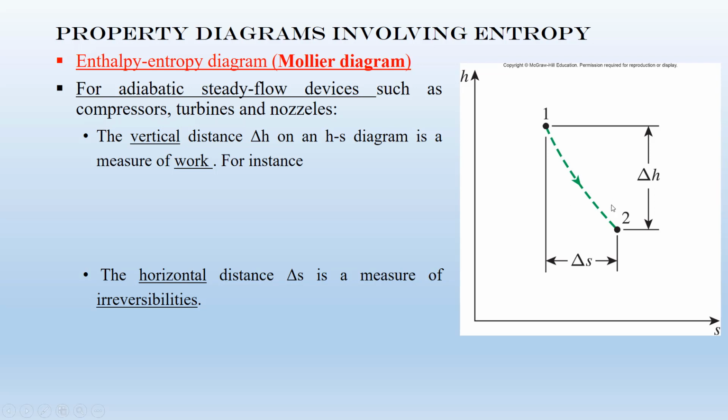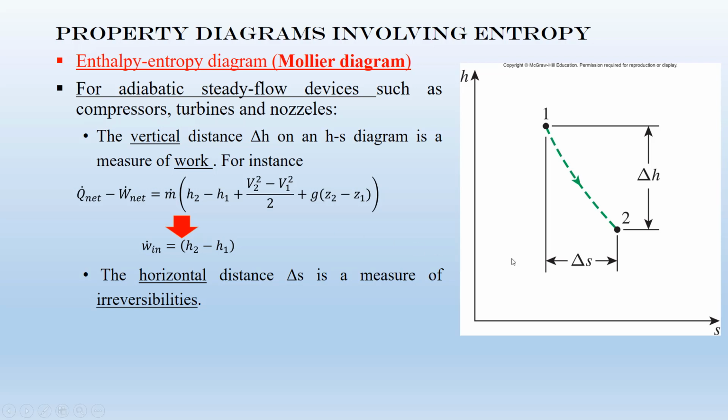Why? Let's write the energy balance for this steady flow device from chapter 5, correct? If we have a steady flow, adiabatic process, the Q is 0, then we can cancel the velocities, the g, and the elevation difference, and then you can simply write W net equals m dot times (H2 minus H1), or per unit mass, you can divide both sides by m dot, and then W equals H2 minus H1.